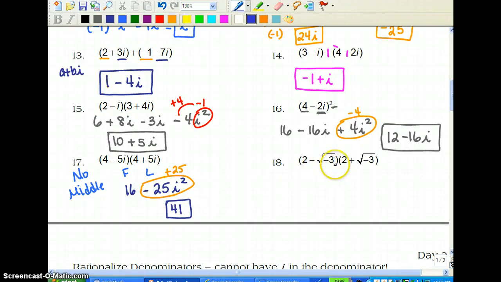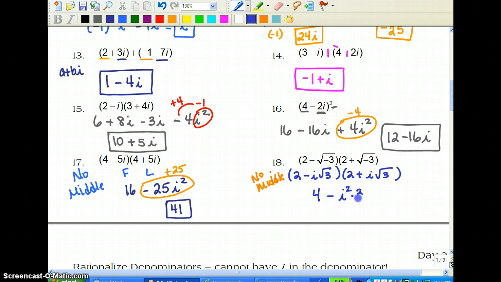Remember, you got to get the i's out before you can multiply. So it's 2 minus i root 3 times 2 plus i root 3. Now again, this is a no middle. So first and last. First is 4 minus i squared times 3, because root 3 times root 3 is 3.